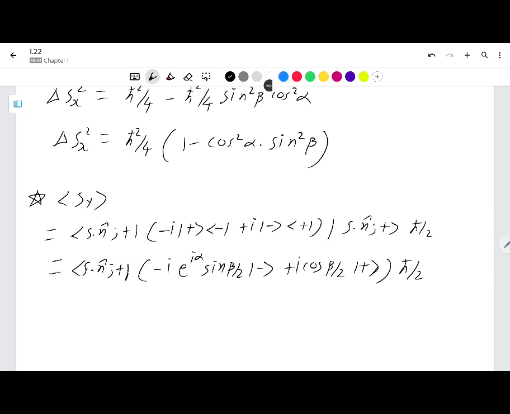So if I take 1 2, we'll have sin beta by 2 e power i alpha, cos beta by 2, and 2 minus e power minus i alpha.